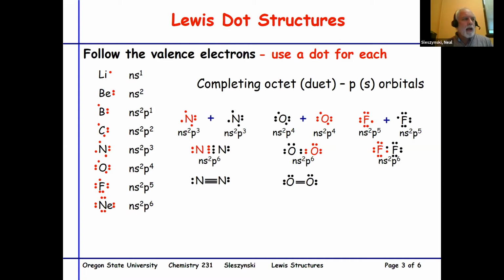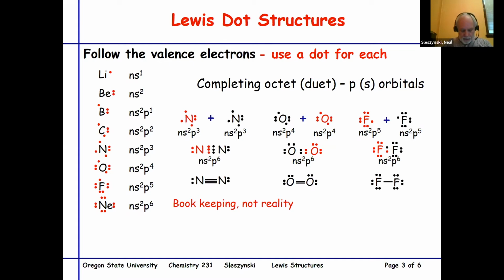Each of these fluorine atoms then will share their single unpaired p electron, achieving a 2s2, 2p6 electronic configuration, and we would then show these paired electrons with a single line indicating a single bond, and now each of those fluorines has reached an octet. We have to understand that what we've just shown is bookkeeping, not reality.